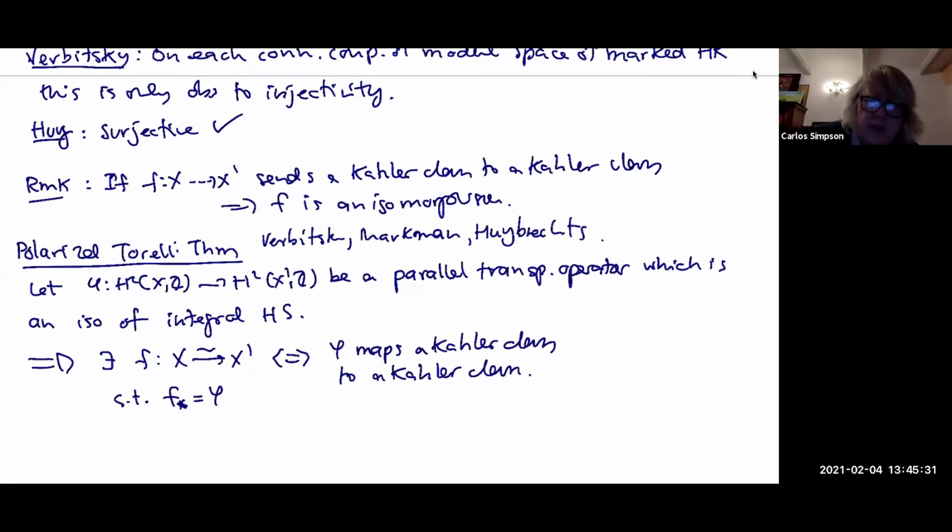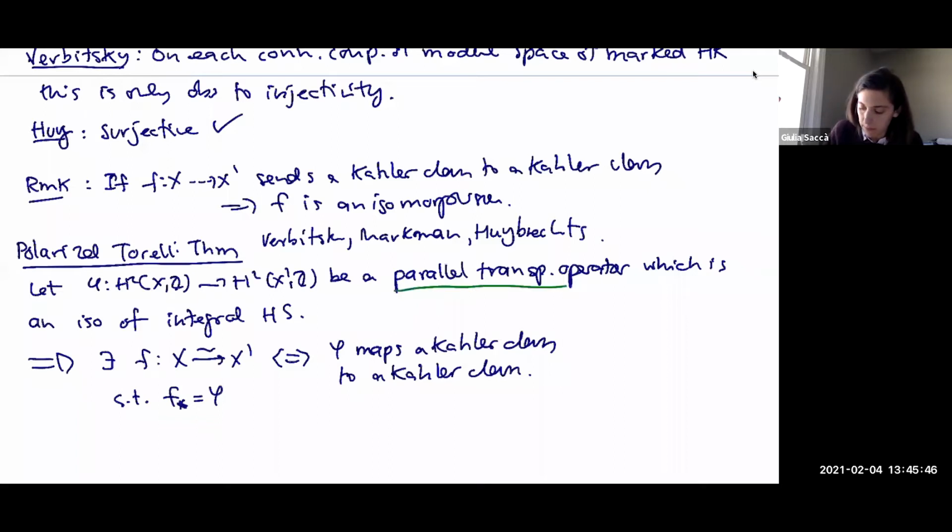Can I ask you a quick question? Yeah. Is this for any hyperkähler, or is it just for the ones that have the form K3 symmetric? This is for any. What changes depending on the deformation class are two things: this group, which I'm going to say what it is in a second, and also the kernel from the automorphism group of X, or maybe birational automorphisms, into the automorphisms of the second cohomology group.